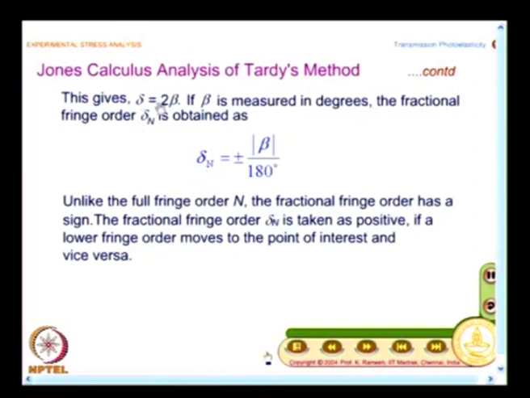That we have proved, because we have now proved there is a relationship between delta and 2 beta, and we have been able to convincingly show by Jones calculus analysis that what we have been suggesting as a procedure is indeed correct. And the key point here is how to find out the sign. For finding out the sign in conventional photoelasticity, you have the luxury of looking at the fringe pattern and seeing whether higher fringe order moves and occupies or lower fringe order moves and occupies, but in digital photoelasticity you record only intensity information, and this also shows they had flexibility in finding out which optical arrangement is suitable.